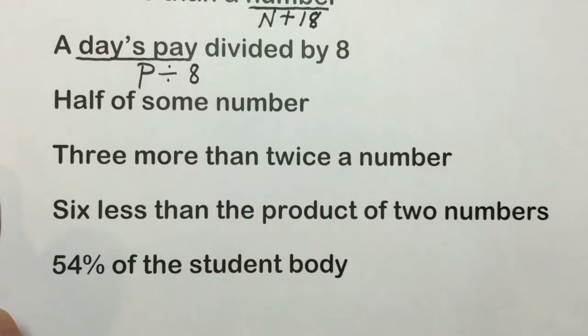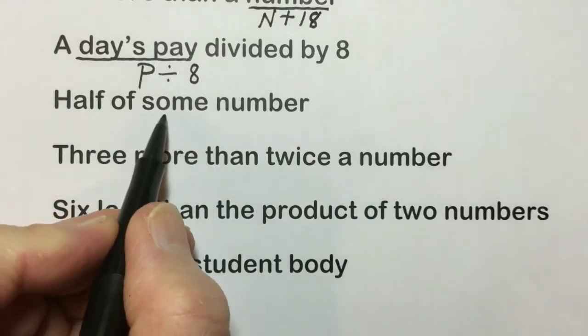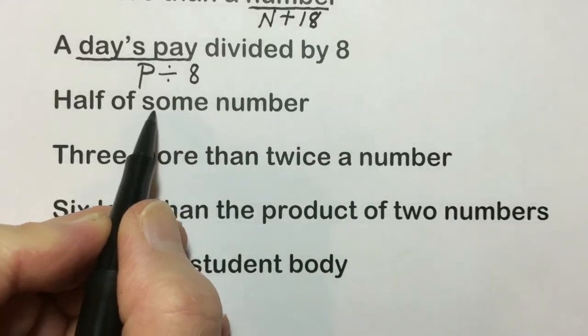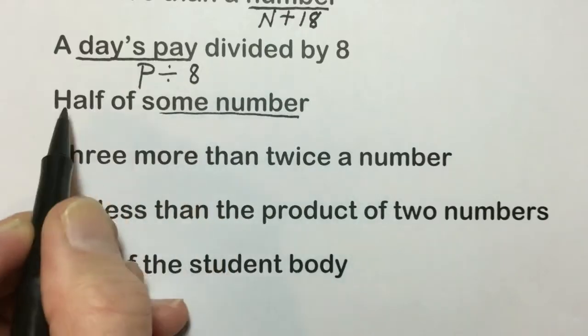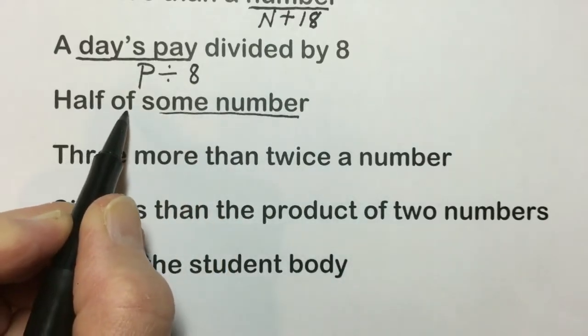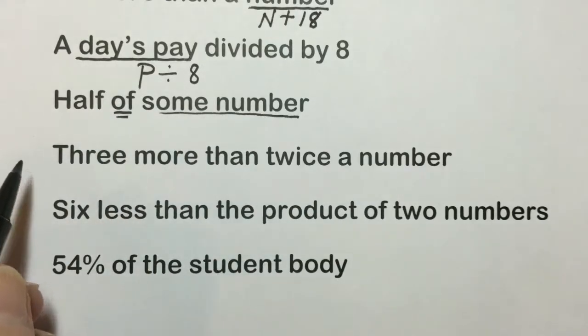Some other examples of algebraic expressions that we need to translate. Half of some number. So we're going to take some number, which is unknown, our variable, and we are going to take half of that. The "of" means multiplication.